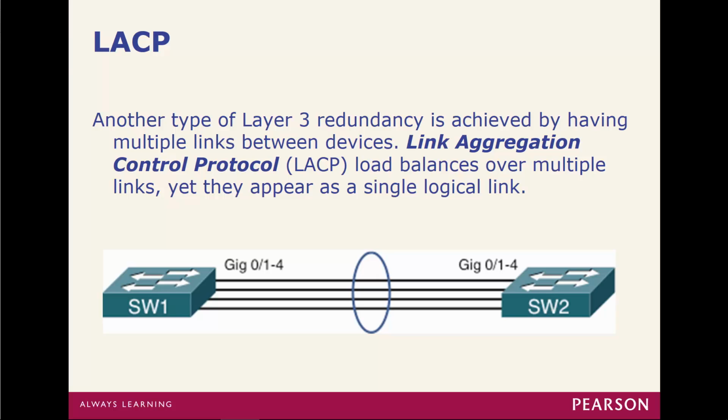They're going to act as one. And that's very similar to something called EtherChannel, which does the same thing, as well as Port Aggregation Protocol, or PAgP. It all depends on the manufacturer of the hardware that you're using.